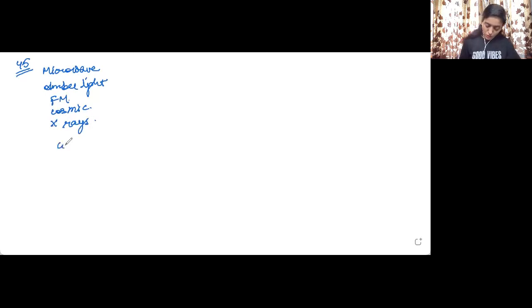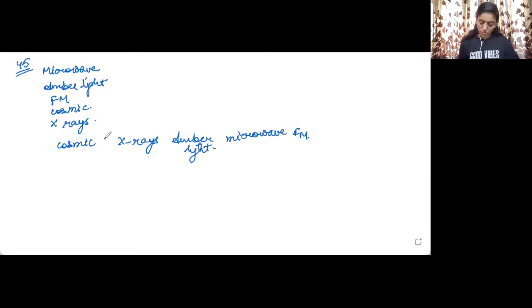So it will be cosmic rays first, smallest frequency, then X-rays, then amber light, then microwave, then FM. So the smallest is for cosmic rays and the largest frequency is for FM. So this is the sequence.